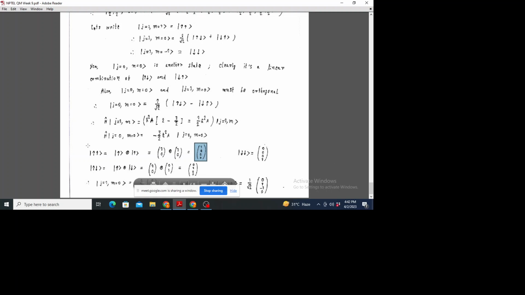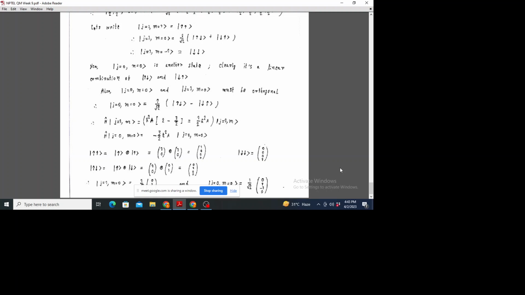So this up state is the 1 0 0 0 column vector. Similarly, the down state will be 0 0 0 1 column vector, and this up down state is the direct product between the up state and the down state. So 1 0 direct product with 0 1 will give you 0 1 0 0.